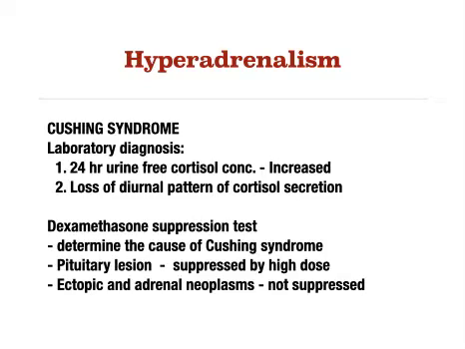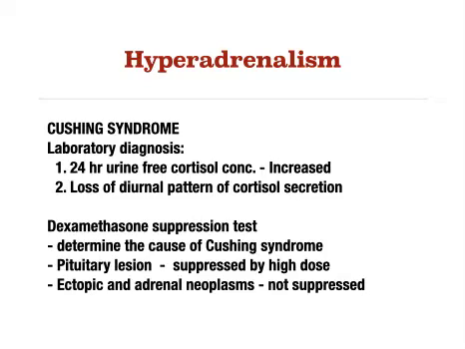Now, how do we diagnose Cushing syndrome? So, the laboratory diagnosis of Cushing syndrome is based on the following. Number one would be the 24-hour urine free cortisol concentration, which is increased here. And then we look at the diurnal pattern of cortisol secretion, which is lost in Cushing syndrome.